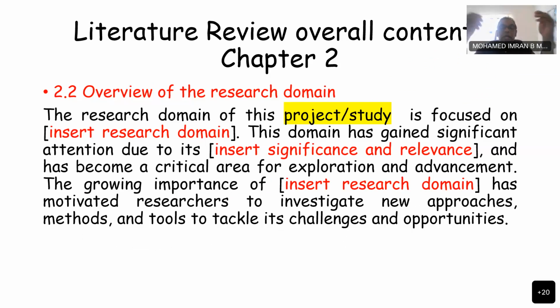If you are going to create a mobile app for primary school students, for example, then your domain will be education. If you're doing semantic analysis or something related to machine learning, then machine learning is your domain.